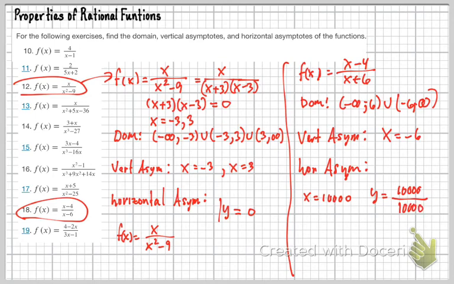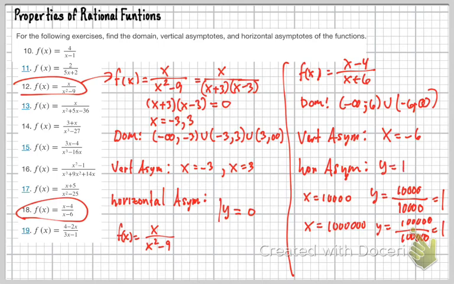Okay, so that's going to equal around 1. Now again, it'll be a little less than 1 because I got 6 more on the bottom, but close enough to 1. Now, if I go 100,000, that's going to be 100,000 over 100,000. And hopefully you're starting to see that, hey, I'm going to get right around 1 for each of these. So this tells me my horizontal asymptote is going to be y equals 1.